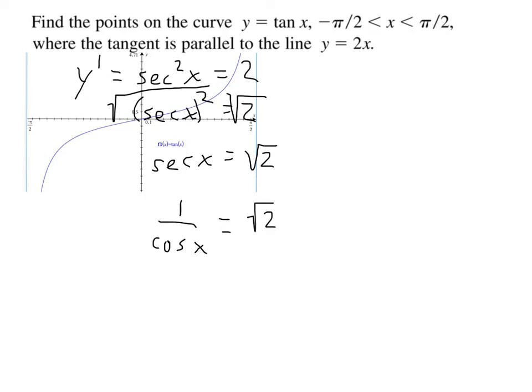But that's hard for me to understand, so let me just flip that and make that when is the cosine of x equal to 1 over the square root of 2.